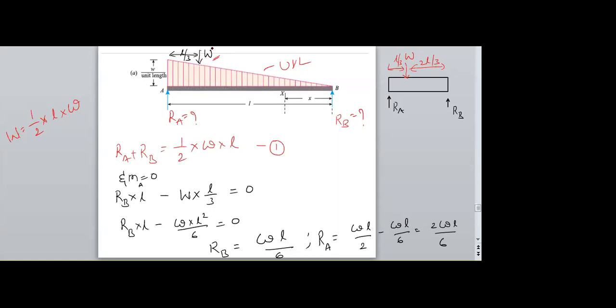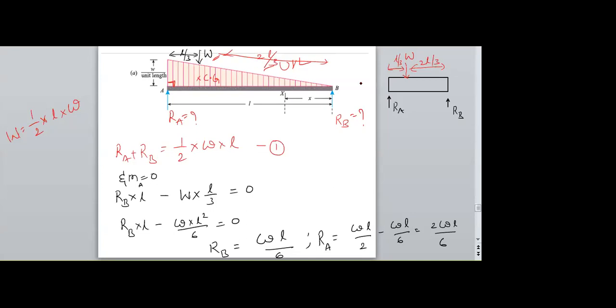I converted this into point load, and it will be acting at a distance of L by 3 from the right angle. That is, it must be passing from the centroid. Therefore, it is at a distance of L by 3 from the right angle, and from the apex, the point load distance is 2L by 3.